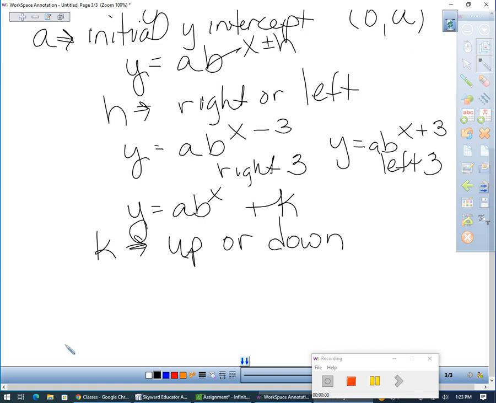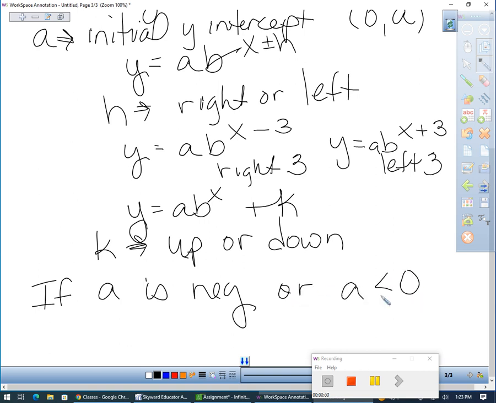And of course, if a is negative, or a is less than 0, that means that we flip over the x-axis.